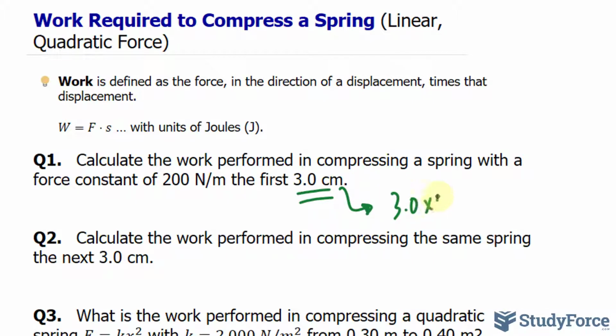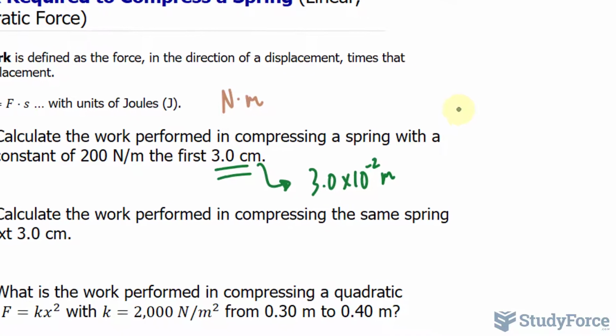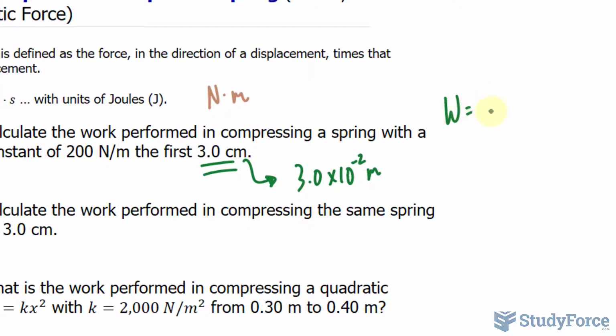It's 3.0 times 10 to the power of negative 2 meters. Remember, work has the units newtons times meters, and that's the same thing as saying joules. Now, using the formula that we just derived, where work is equal to the constant k times x to the power of 2 over 2, we'll substitute k with 200.